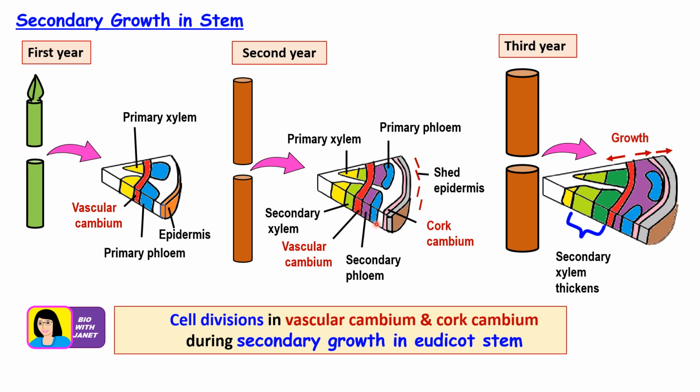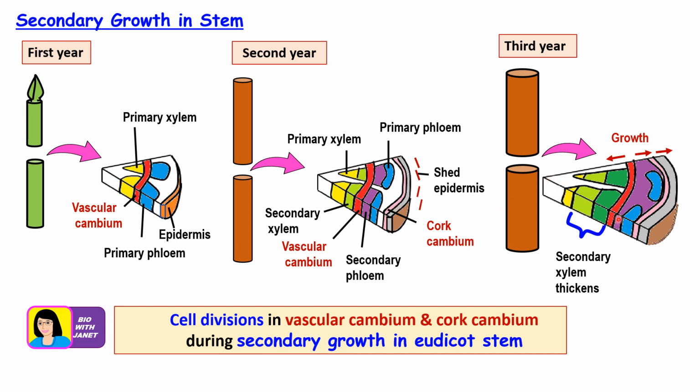So what about the primary tissues? Now the primary phloem will be pushed outwards towards the epidermis, and the primary xylem will be pushed inwards towards the pith here. All right, and then the epidermis will be shed, it will stretch and crack, and then it will drop off. Okay, now the cork cambium starts to become active and to carry out cell division by mitosis.